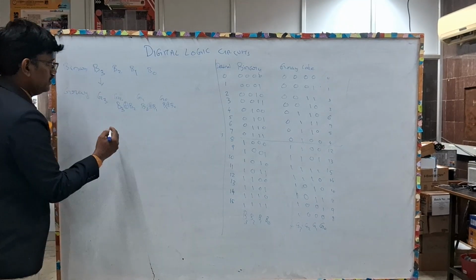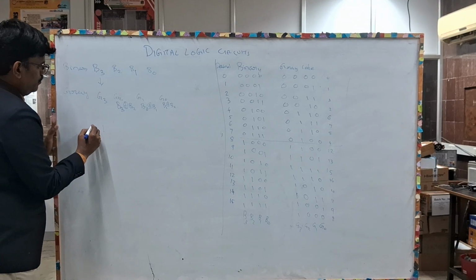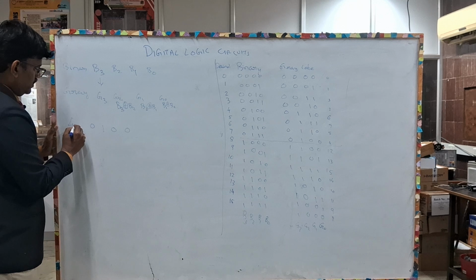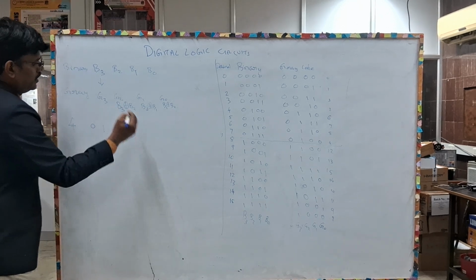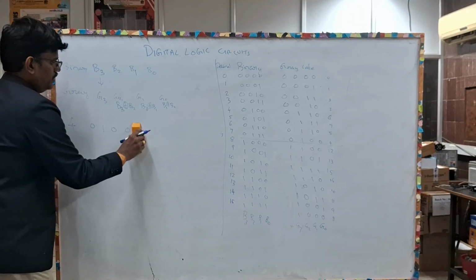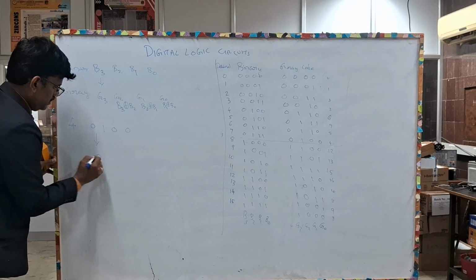Right, so let us take an example to check whether this conversion is correct or not. Let us take a given value 4, as a binary value, and convert it to a gray code. We drop the MSB as such.